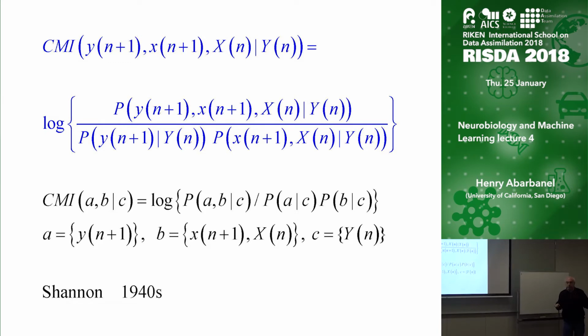The quantity that occurs in blue, which is associated with the modification of your probability distribution when you make a measurement, was discussed by Claude Shannon in the 1940s as the conditional mutual information between, in this case, the measurements and the states of the system.